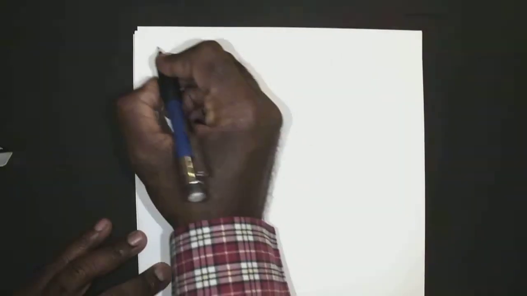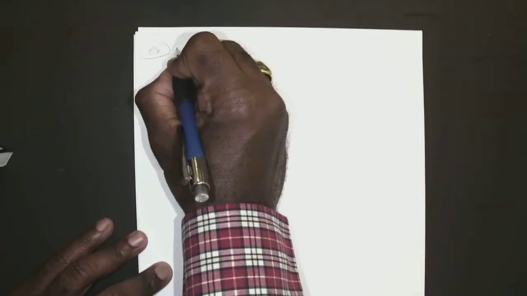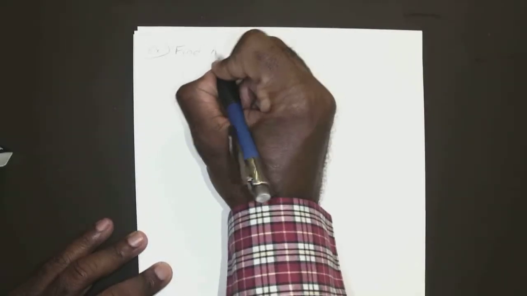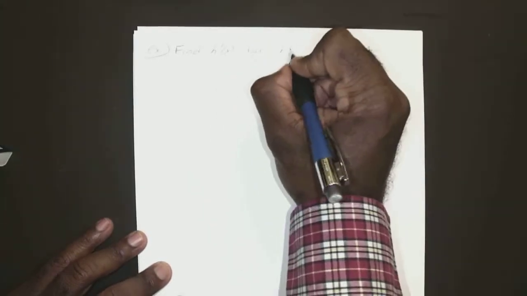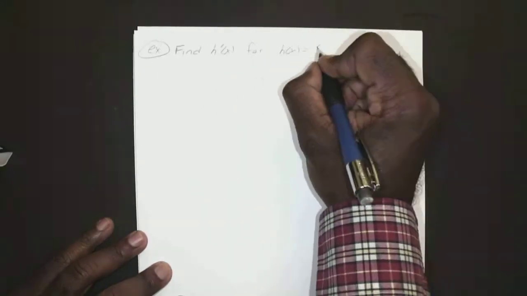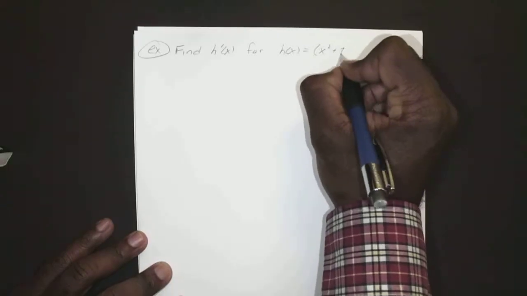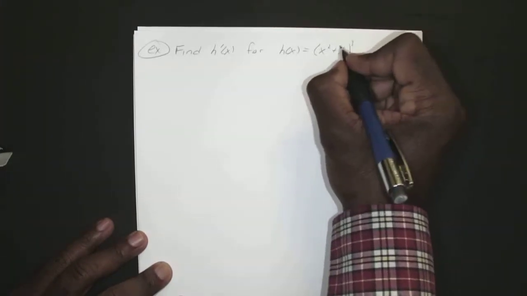Okay, so let's say, for example, we want to find h prime of x for h of x equals (x squared plus 1) to the third power.